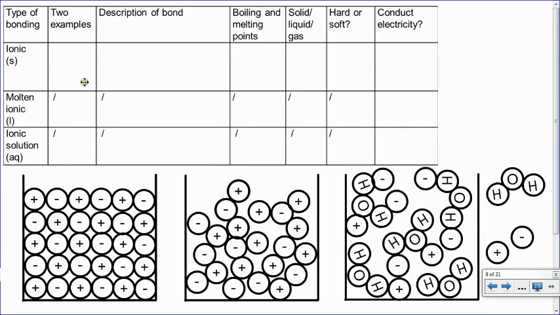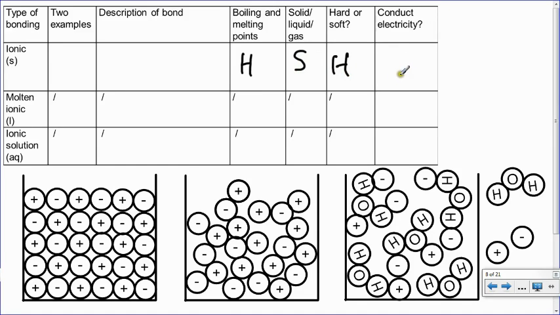So the description of the bond here, if we've got ionic solid, strong bonds, it's attraction between oppositely charged ions, so the boiling and melting points are going to be high because it's a strong bond. It's going to tend to be a solid at room temperature because it's a strong bond. It's going to tend to be fairly hard because it's a strong bond.